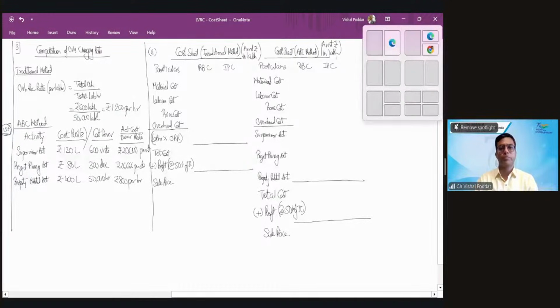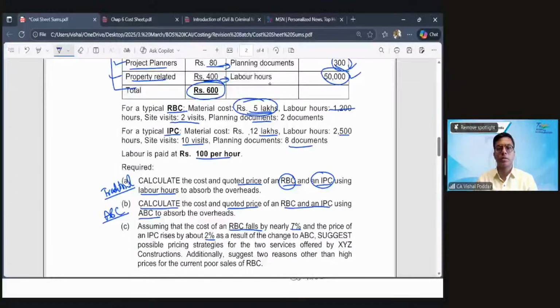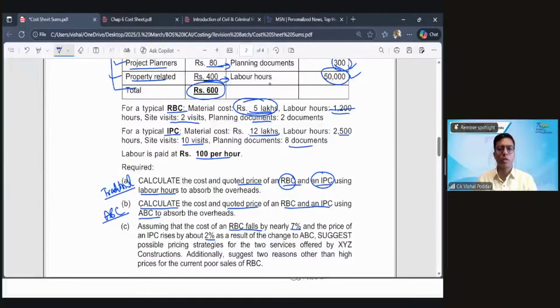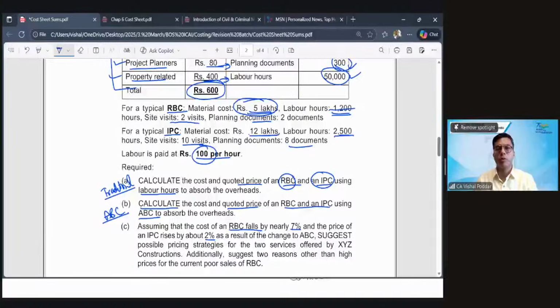Labor hours are 1200 and 2500, and the labor rate is 100 per hour. Correct?